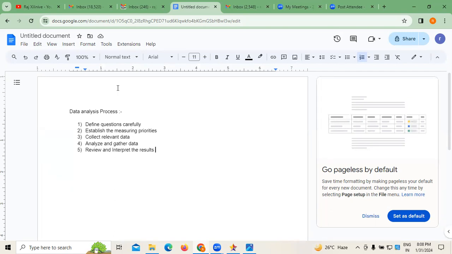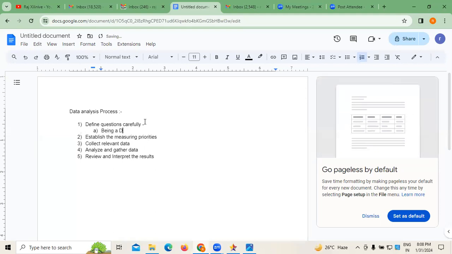Now, if you understand the first one, which is called defining the questions carefully, right? Here, being a data analyst team, I'm writing the step procedures because this is something you should understand as a group activity.